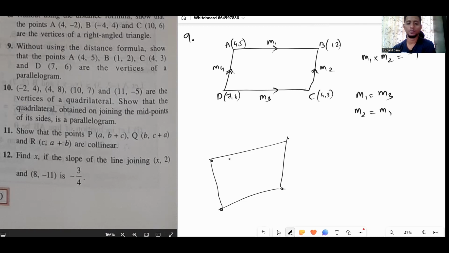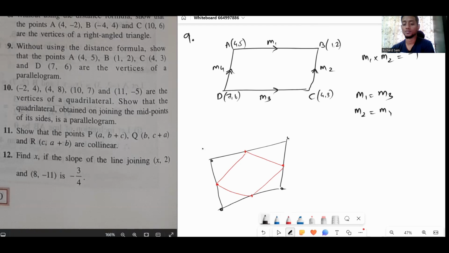So what do you have to do? Join all the midpoints. So midpoint of this. Like you have to find all these midpoints, and then when you join these midpoints, you should get a parallelogram. So how do we do this?